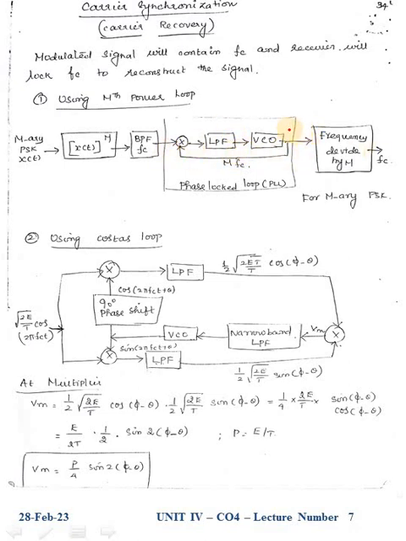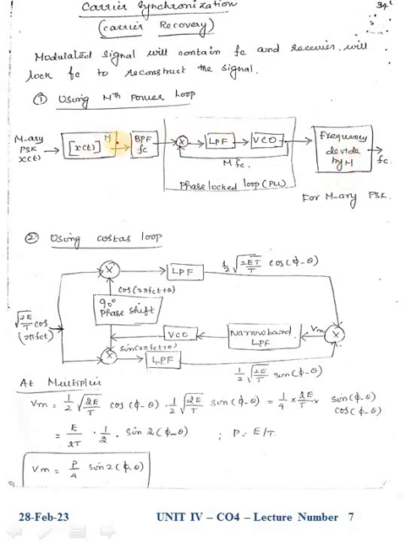After locking the frequency, we use a frequency divider by M, because on the input side we introduced the power level as M, so that has to be eliminated on this side. We use the same M value in the frequency divider block.